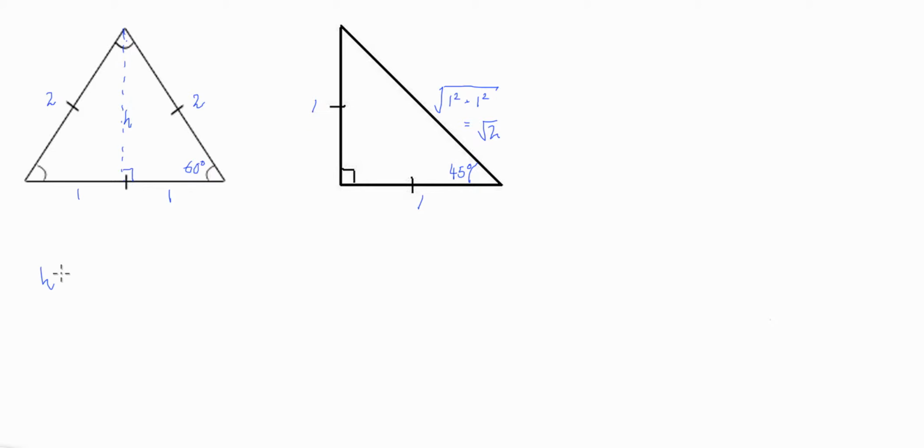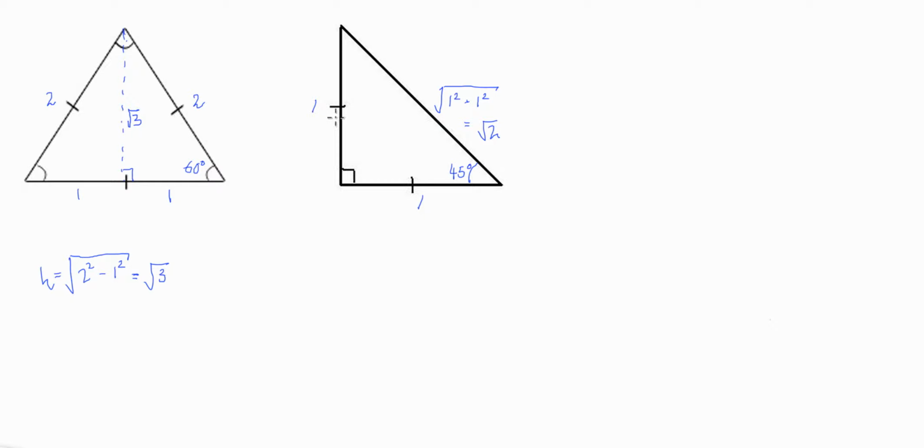We know that h is equal to the square root of 2 squared take 1 squared, just using Pythagoras again, which is equal to the square root of 4 take 1, which is 3. So instead of writing h, I'll just write the square root of 3.